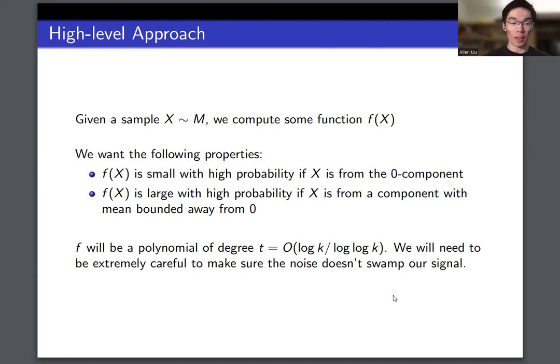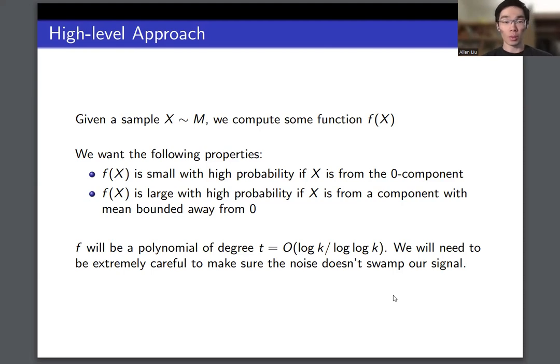We'll still use degree log k over log log k information, so f will be a polynomial of degree t, but we'll construct f in a very careful way so that the noise doesn't swamp our signal. So we'll be able to get away with just a polynomial number of samples and also polynomial runtime.